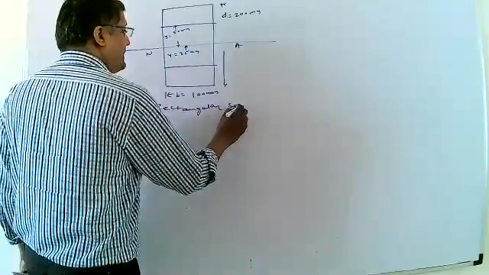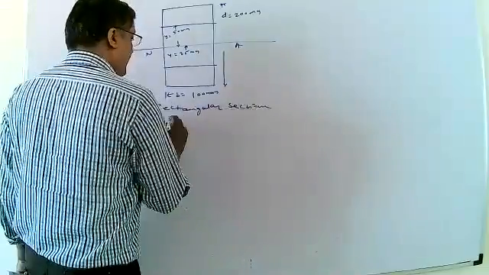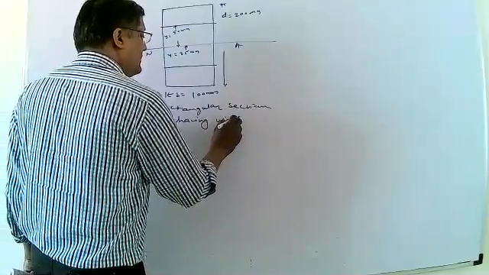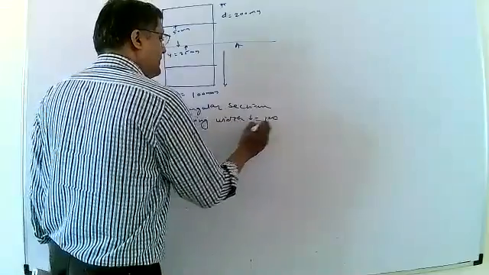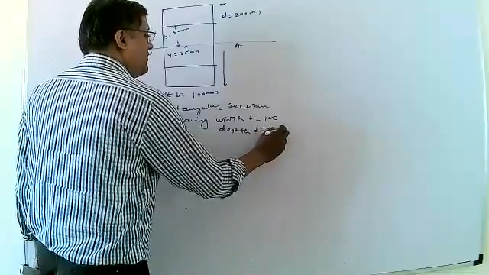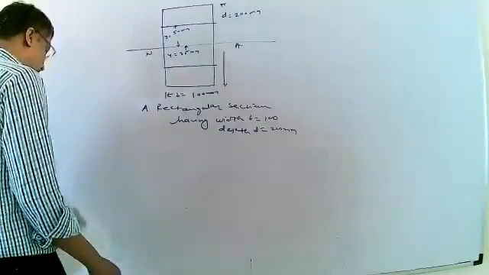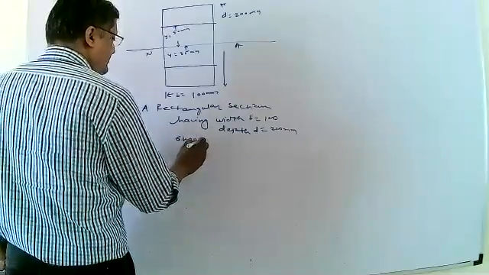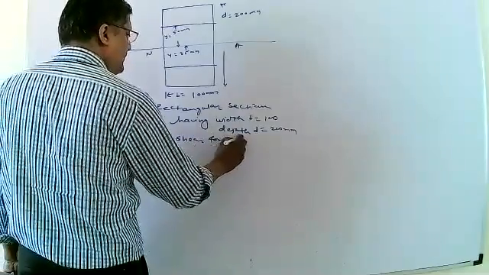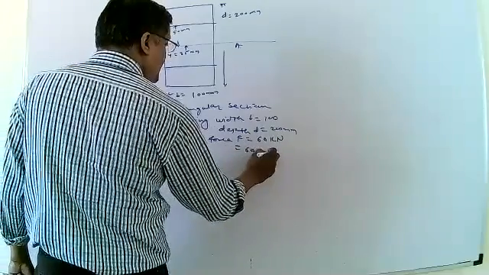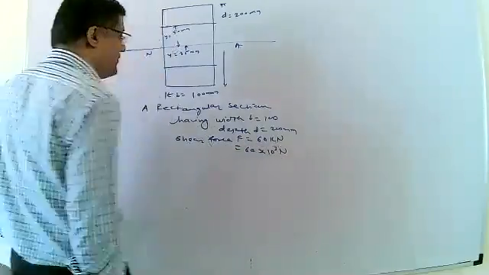Here we have a rectangular section having width b equal to 100, depth d equal to 200. Then shear force F is equal to 60 kilonewton, that is 60 into 10 raised to 3 newton.